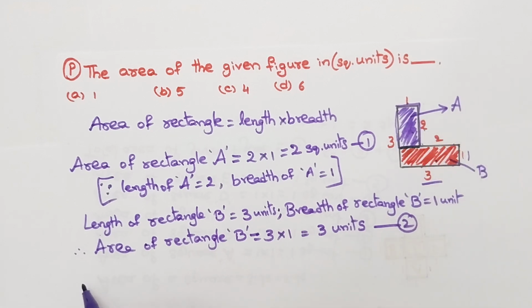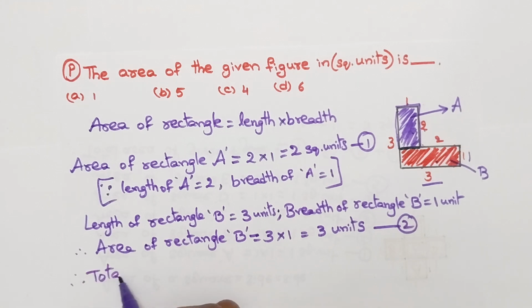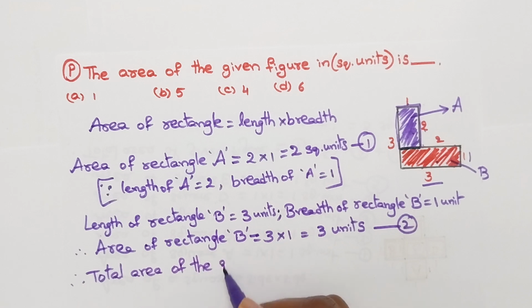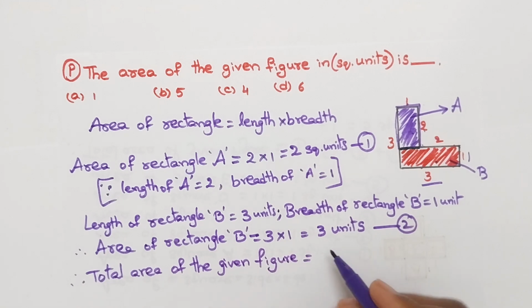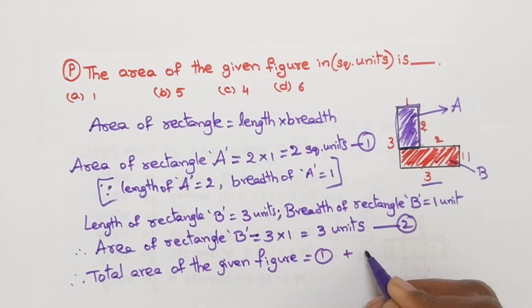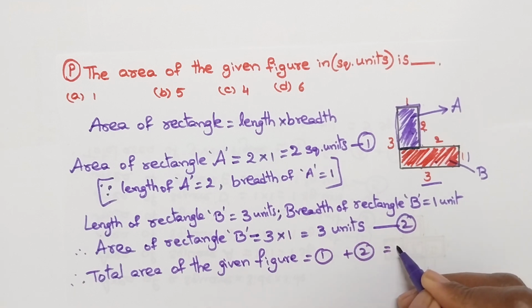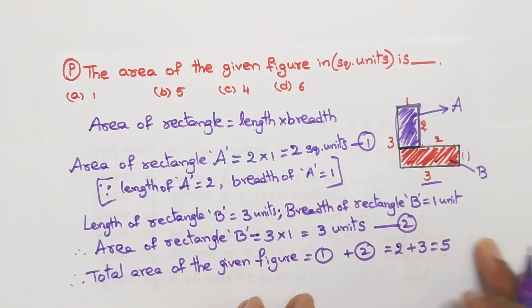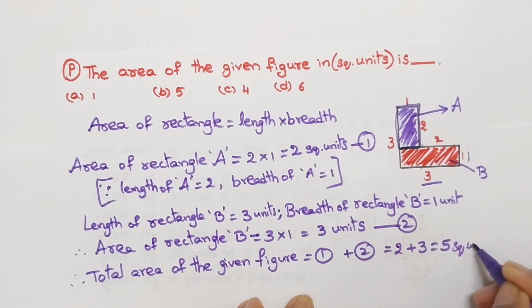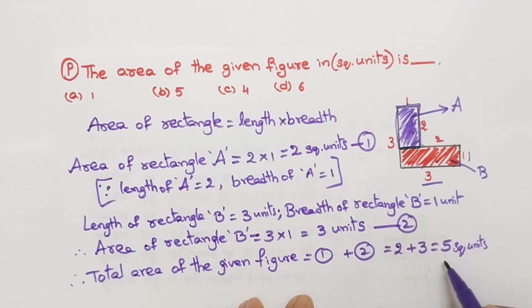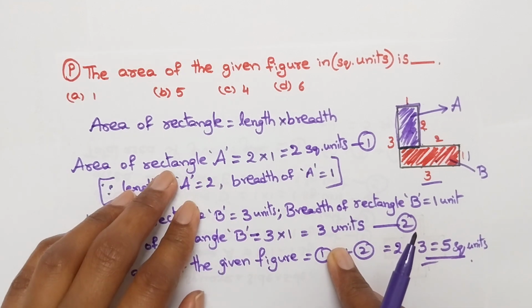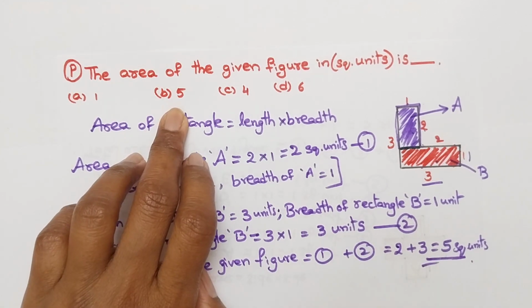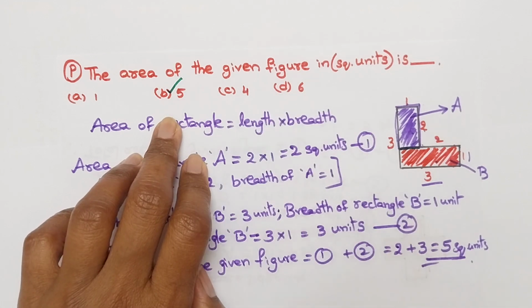So therefore total area of the given figure equals first point plus second point, that is 2 plus 3, that equals 5. As this is area, we write square units. Therefore, the area of the given figure is 5 square units. Option B is the correct one.